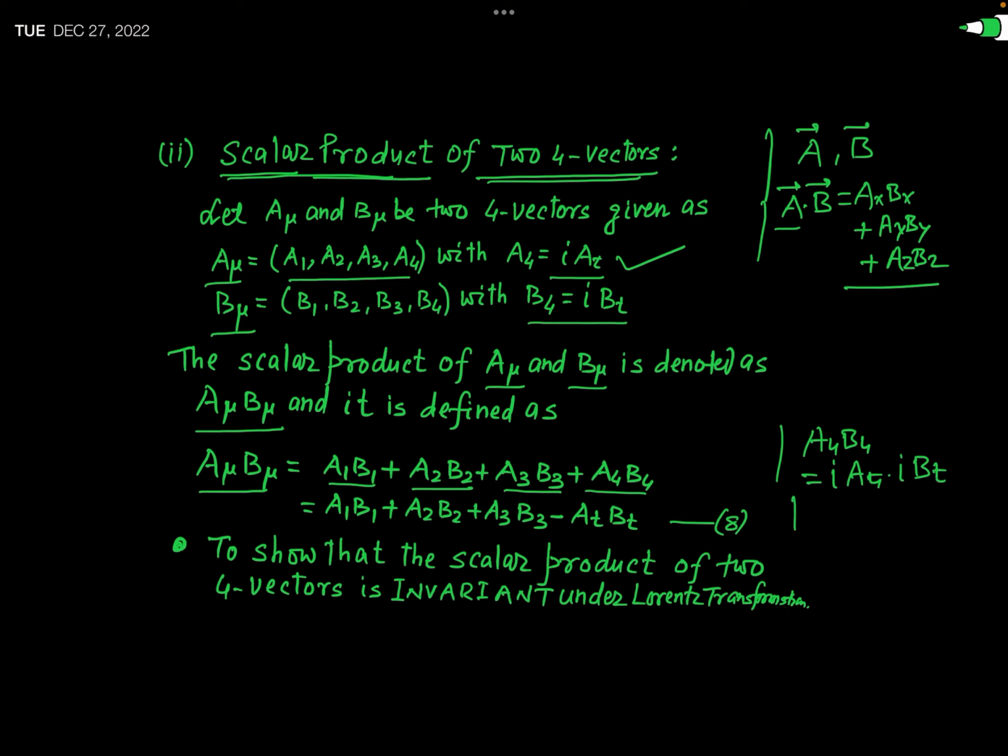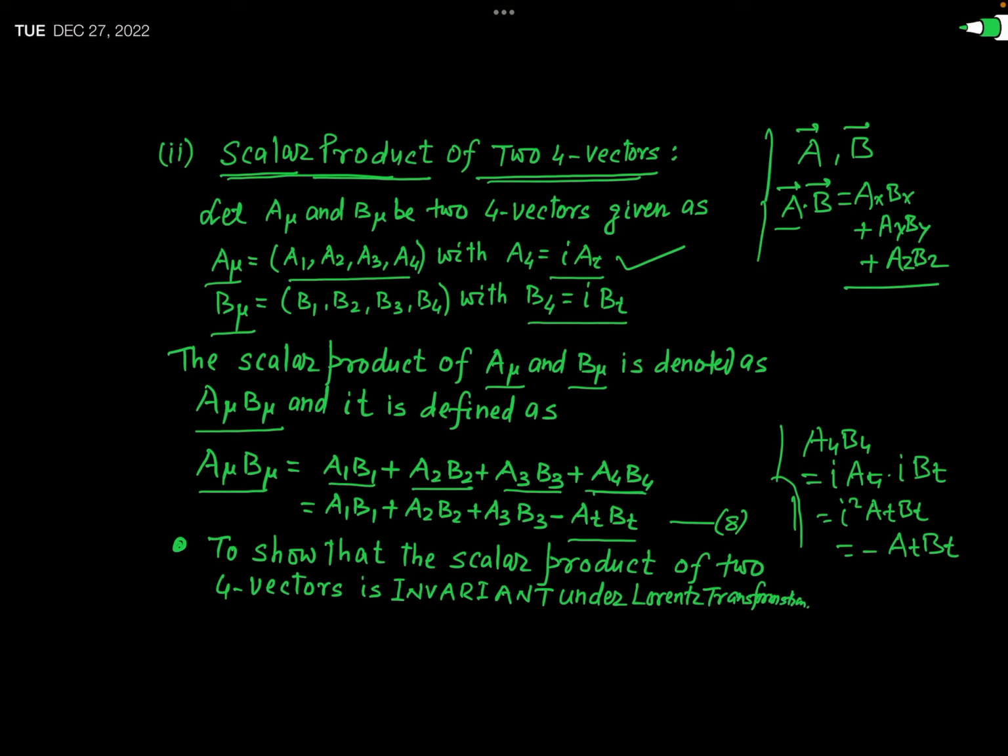Now I times I will be I square, and AT times BT, but you know I square is equal to minus 1, so this will be equal to simply minus AT times BT. So instead of A4 B4, I have written here minus AT BT.